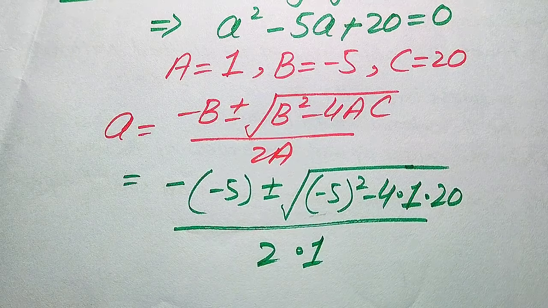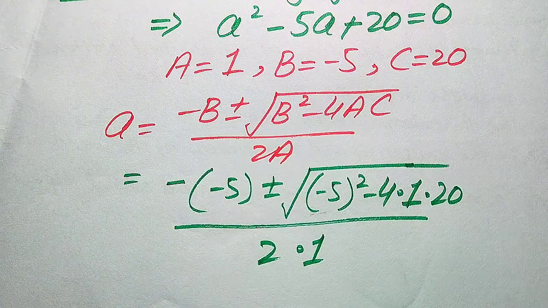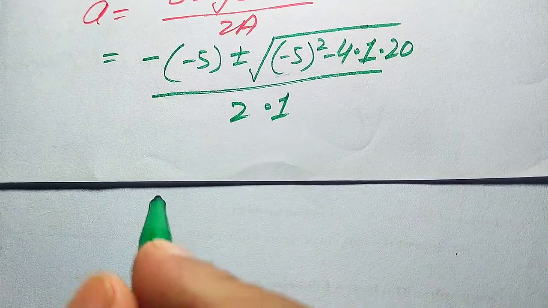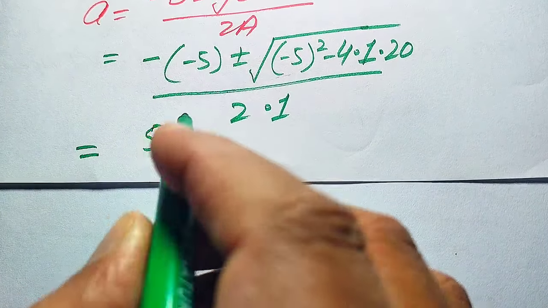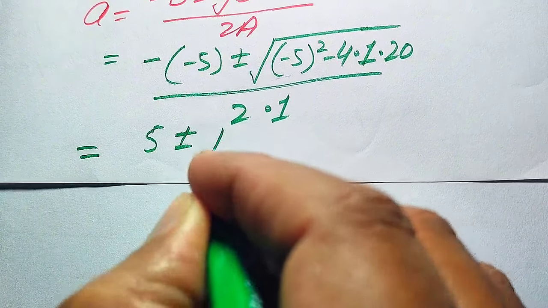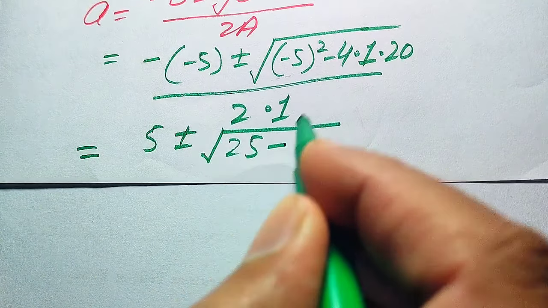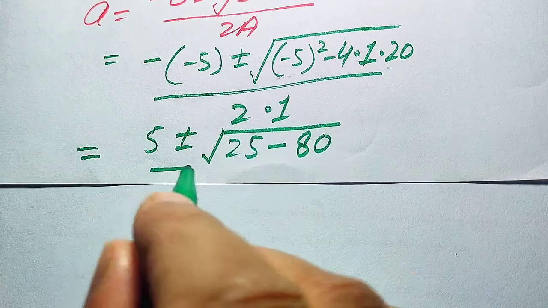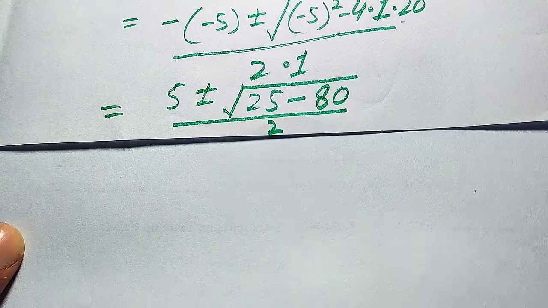So here our a is equal to 1. And now here we need more simplifications, so after simplifying these values, it will be written as, first we have minus times minus becomes plus 5 plus minus square root of -5 square becomes 25 minus 4 times of 20 equals to 80, and it is divided by 2 times of 1 equals to 2.